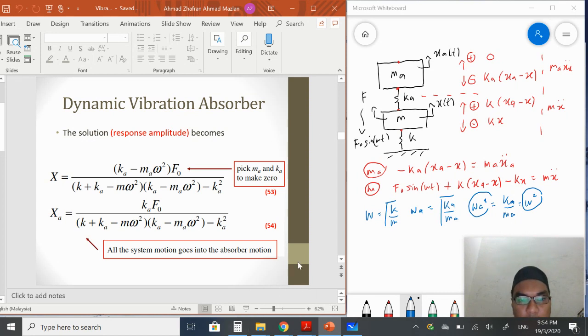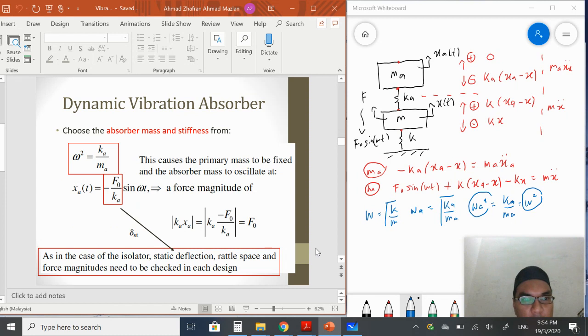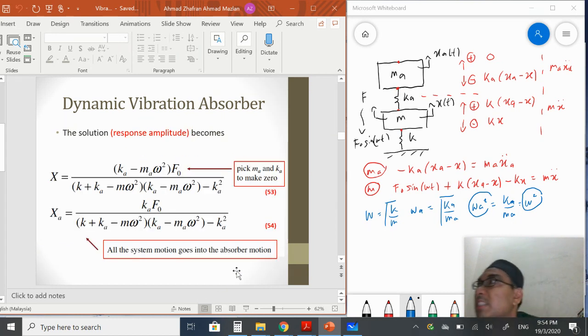So we choose the absorber mass and stiffness from this, where omega squared is equal to ka over ma. This causes the primary mass to be fixed, and the absorber mass to move.